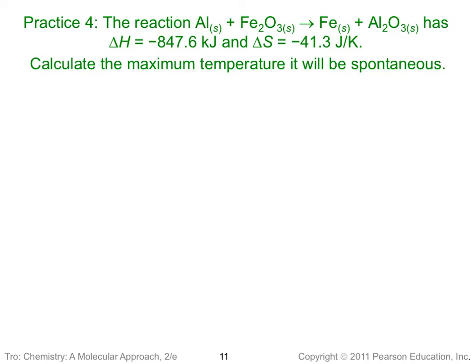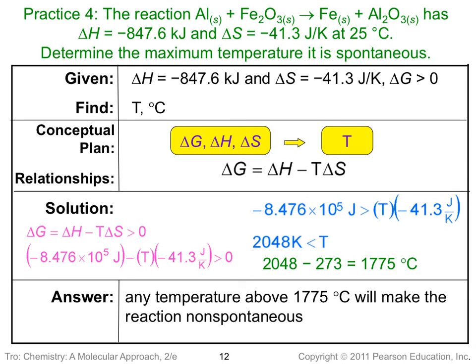Another example, so here this is saying where, at the maximum temperature, will it be spontaneous? So again, going back to that aluminum and iron problem, the same thing. We basically set delta G equal to 0, plug in the other numbers, and solve for K. Don't be thrown by the fact that they're using the greater than and less than symbols.